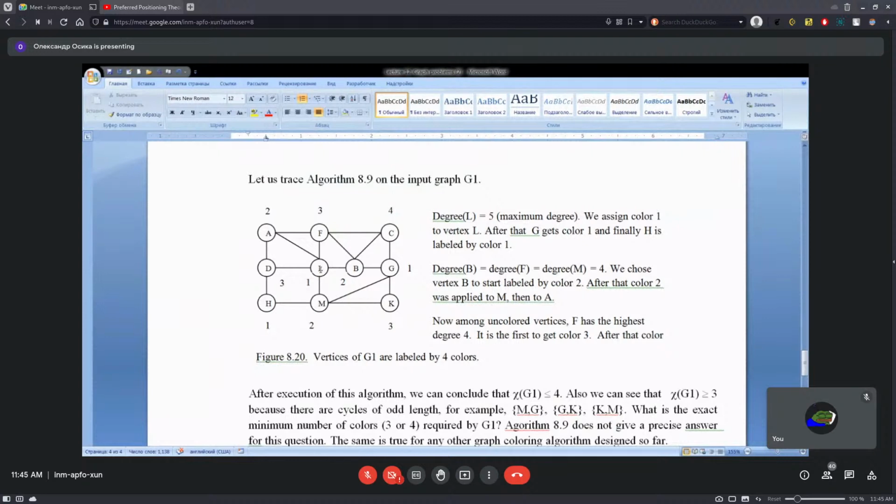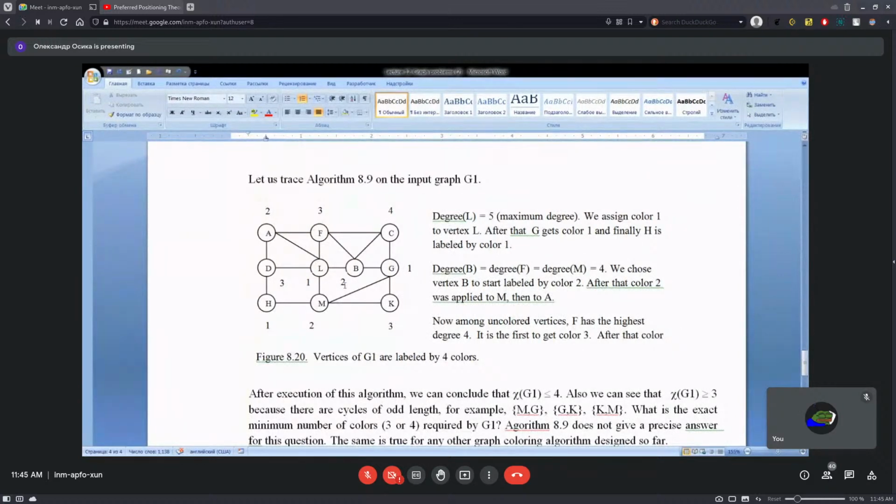After that, we find which vertices are not adjacent to L. This one, this one, this one, this, and this. Here, the degree of G is 4, the largest, so we assign 1.